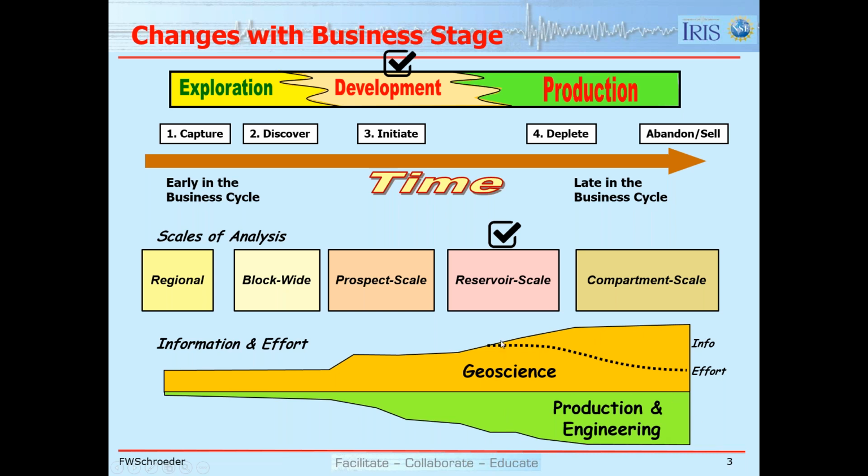For the geosciences in particular, most of the effort is geoscience in the early stages, not so much in the engineering realm. But as a field is discovered and delineated and put into production, the geoscience effort tends to taper off a little bit. We have more people working production geology and engineering.